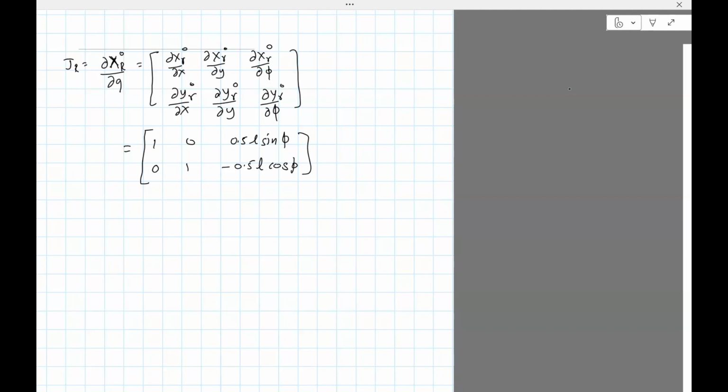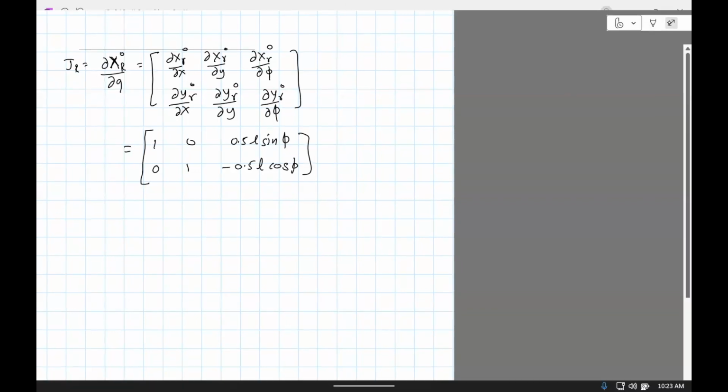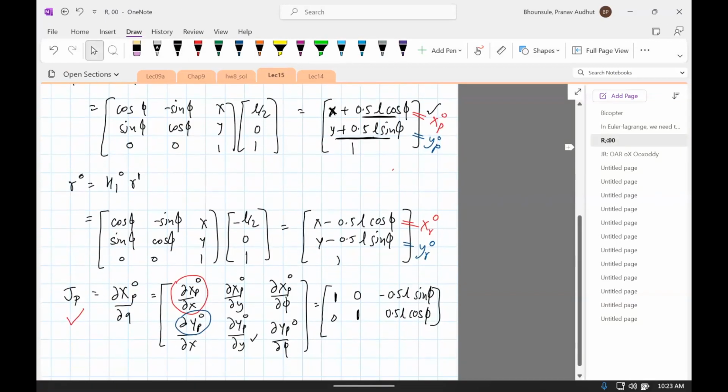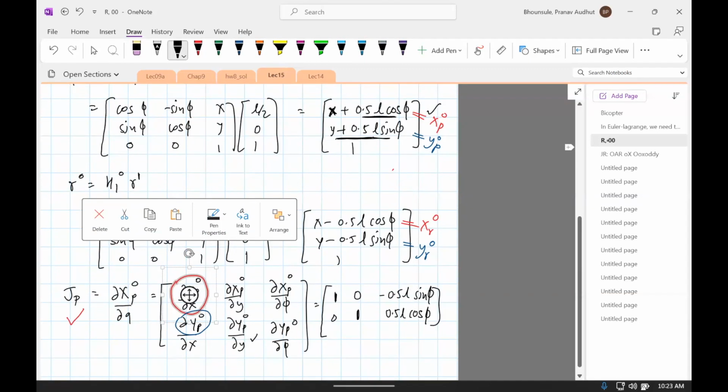So how do I get this? Well, I need to substitute xr and yr, which came from here. So follow a similar procedure as Jp to compute Jr.